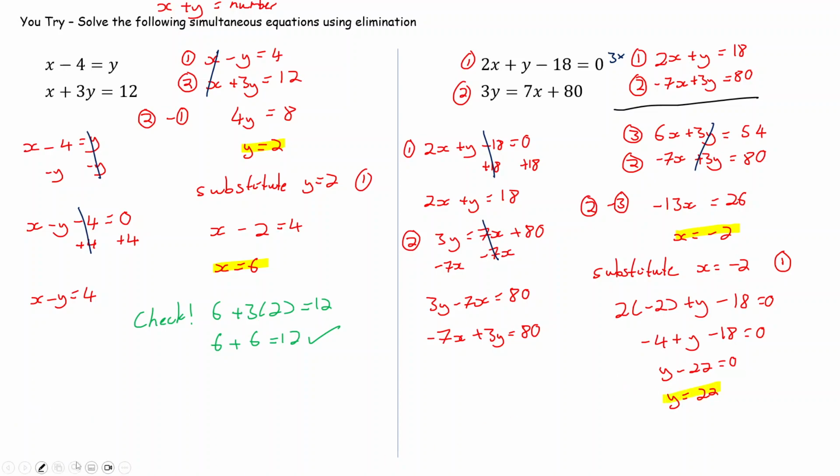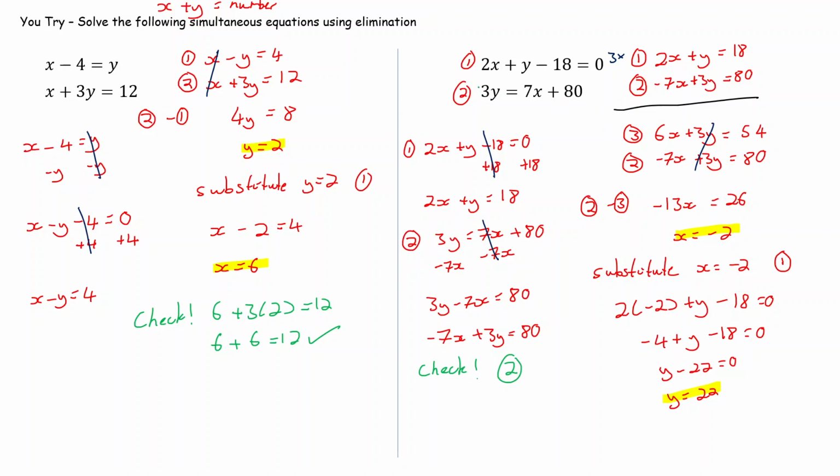There we go. And this one was a tricky one, so definitely check our working. Let's check our work. When x is minus 2 and y is 22, let's put it into equation number 2, just to mix it up a little bit. It can be any equation, doesn't matter, in any form.